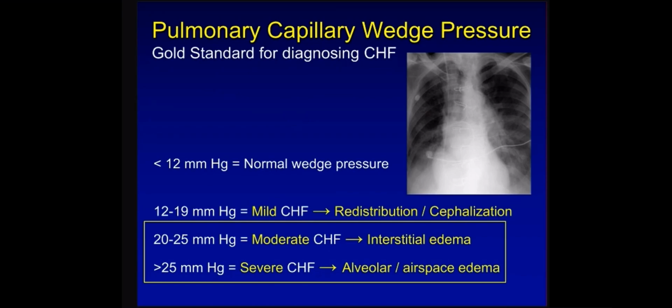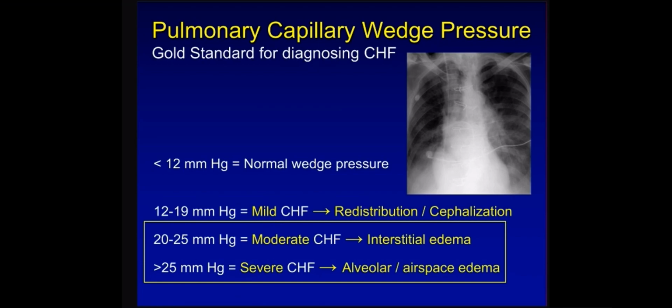You see in this patient a pulmonary arterial catheter in place, and this is, of course, the classic way of diagnosing cardiac dysfunction and congestive heart failure. It's the gold standard. And we know that the normal pressure is about 12 millimeters of mercury or less. You can grade pulmonary edema by looking at the pressure and categorize it as mild, moderate, or severe.